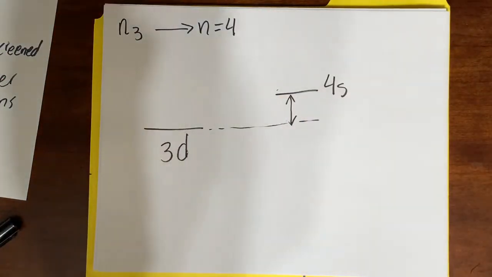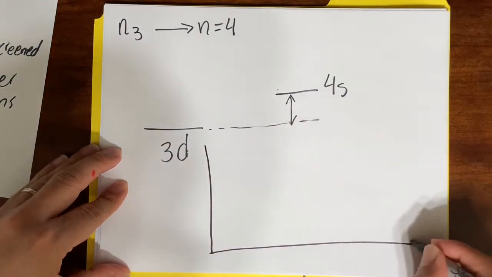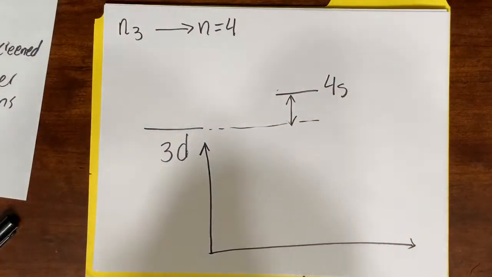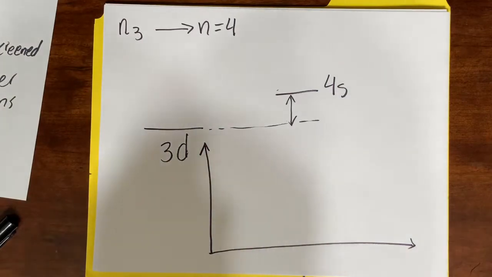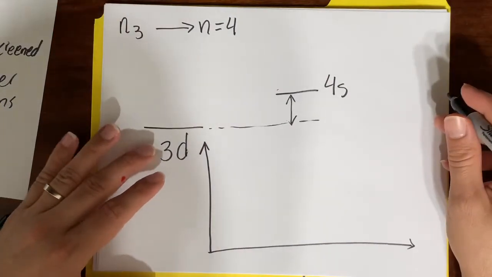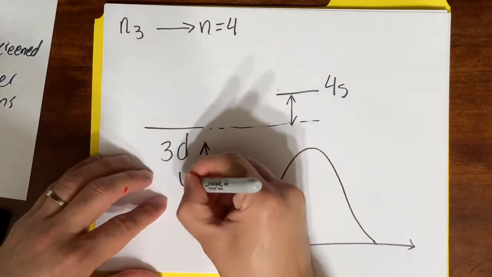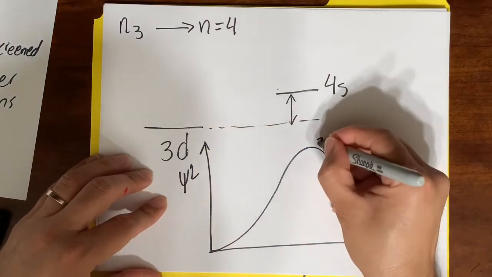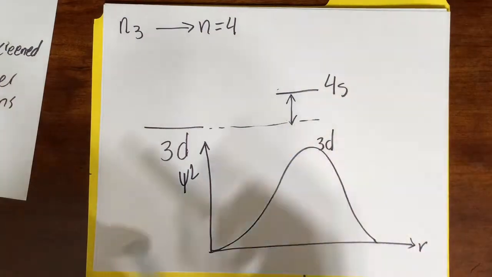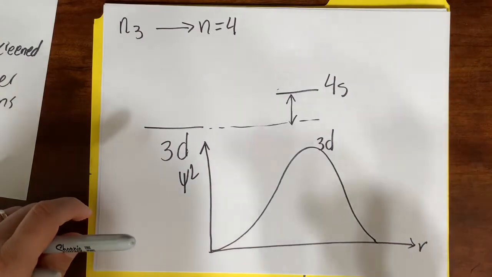Let's assume. When you draw the radial distribution graph for 3d orbital, total nodes, it will be 3 minus 1, 2 nodes. You don't have any radial node, you have only 2 angular nodes. And this is the radial distribution graph of 3d orbital. And now if you show the 4s, it has 3 radial nodes.